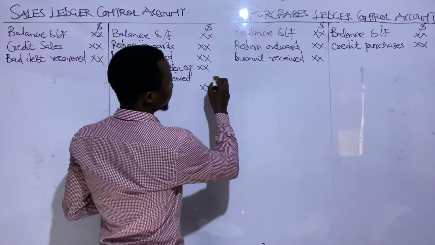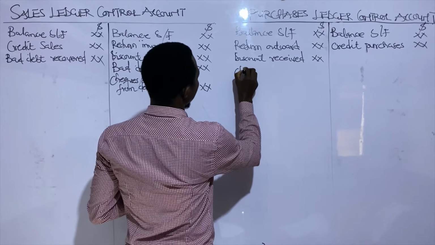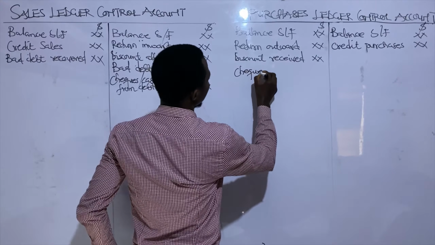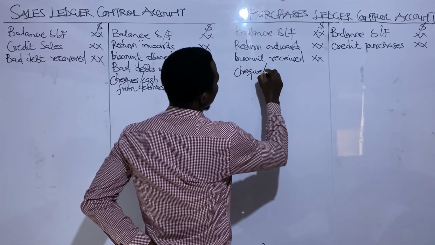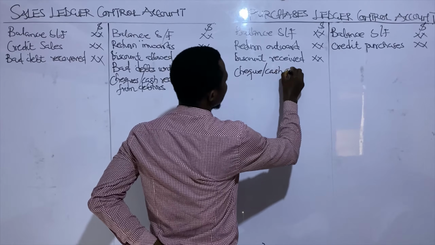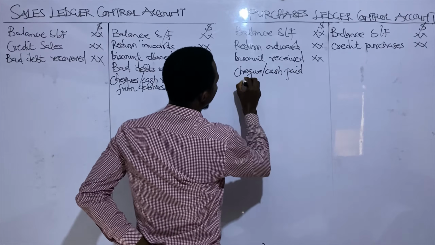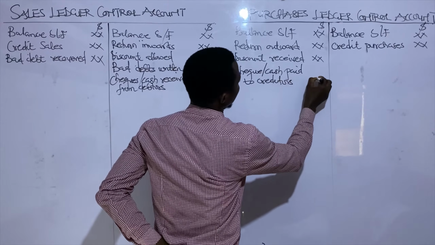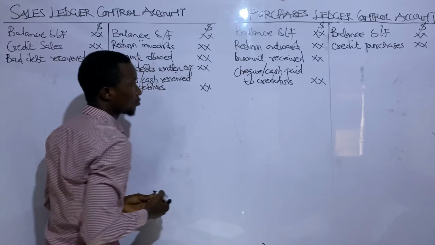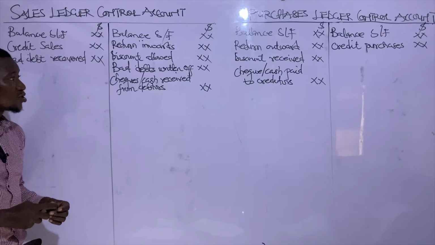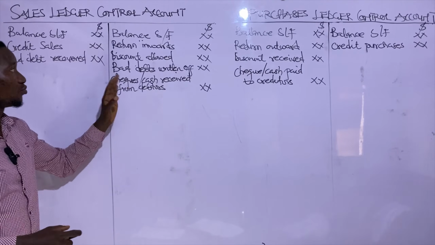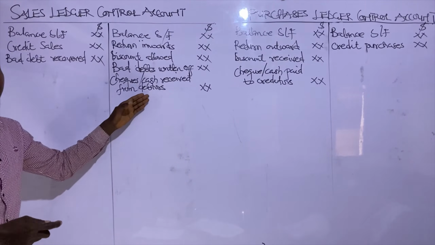So I will say that a check or cash paid to creditors will be debited.